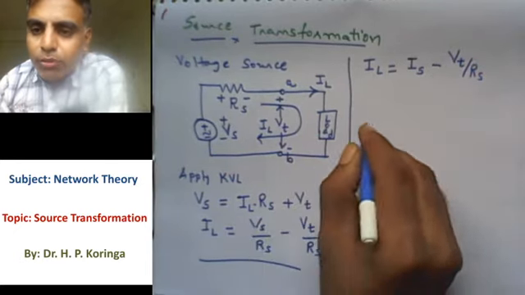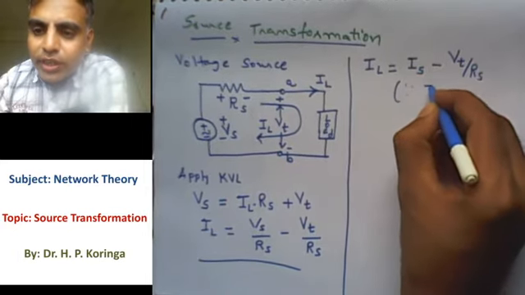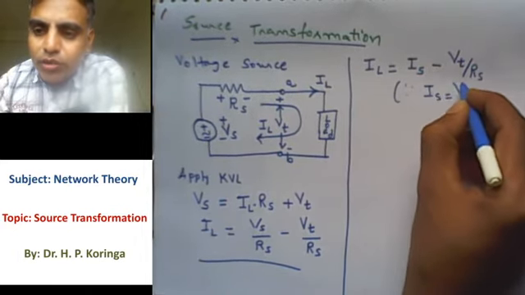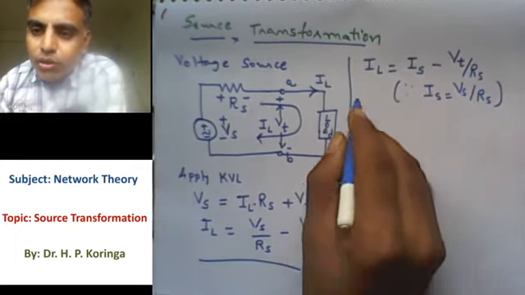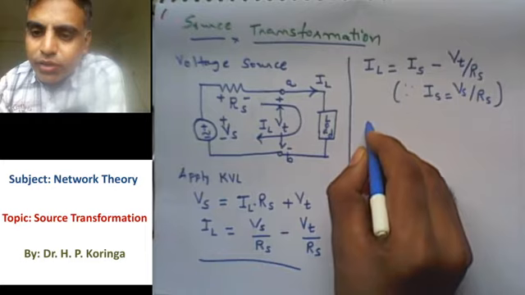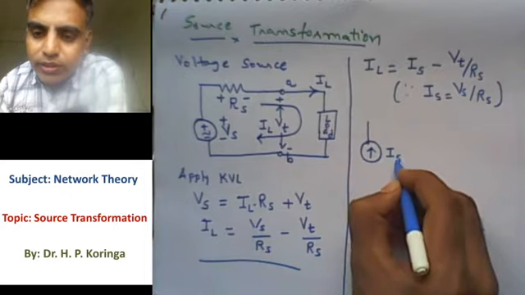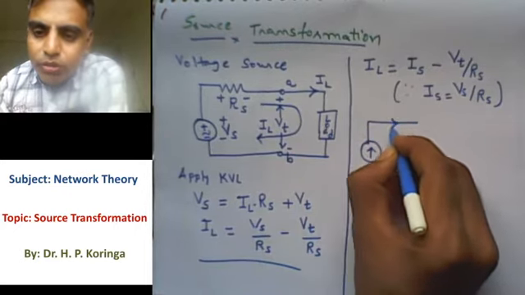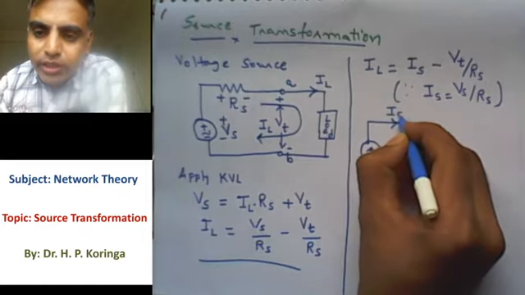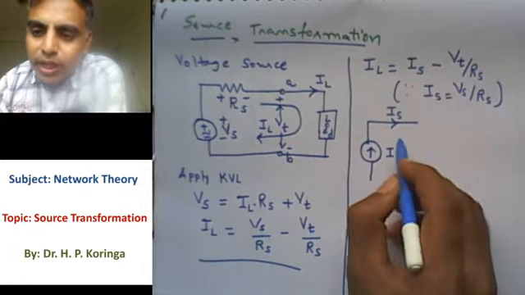How to implement this? Here we have taken Is equal to Vs divided by Rs. So we have one source current with value Is, and this source current divides into two paths. So Is is equal to IL plus Vt divided by Rs.